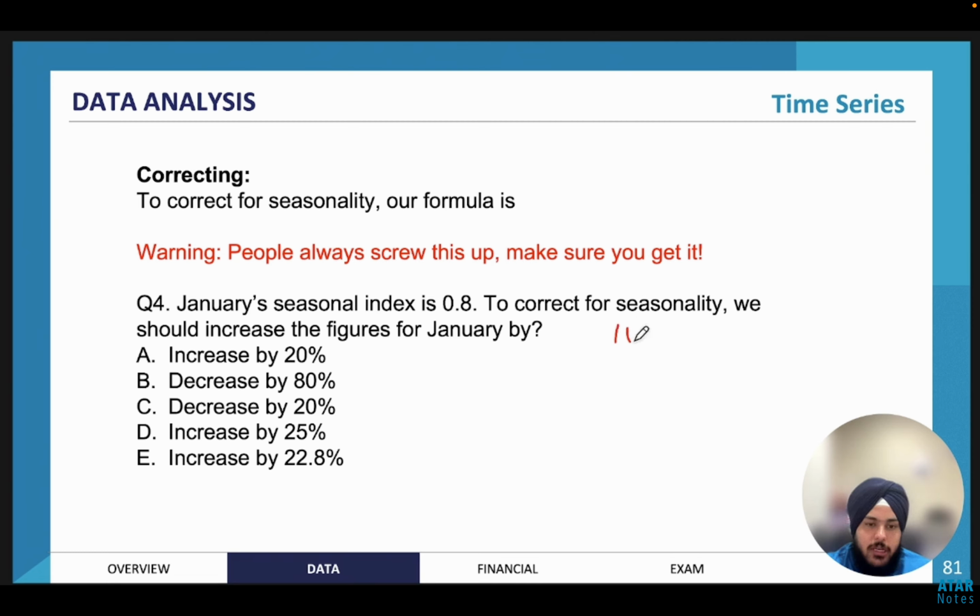It's going to be 100 over 0.8 minus 100, which is 125 minus 100, which is 25. So we'll get positive 25. What that would mean is that we need to increase by 25% in order to correct for the effects of seasonality.